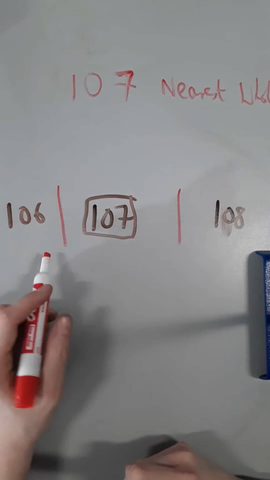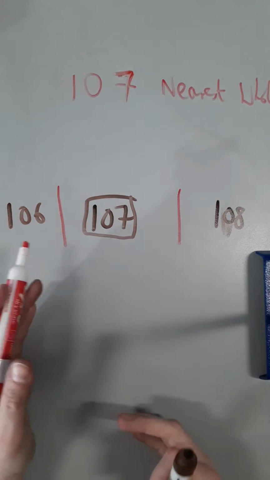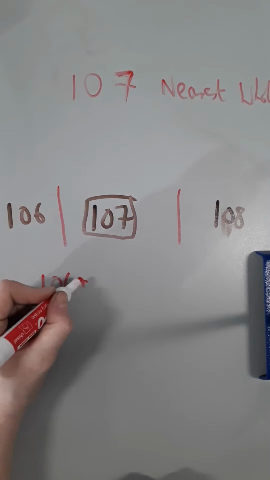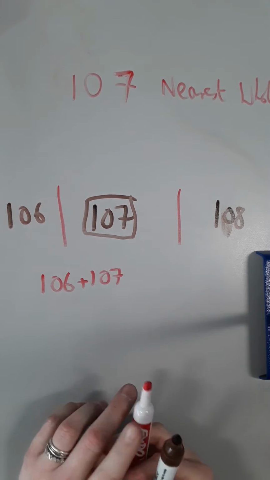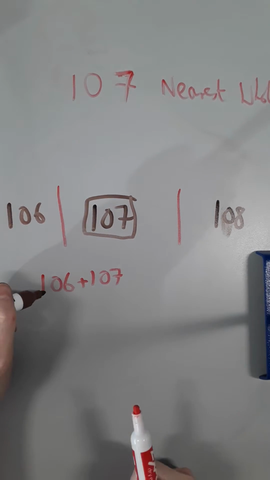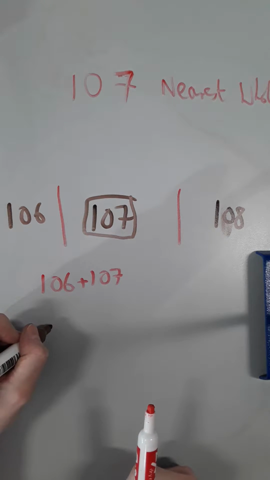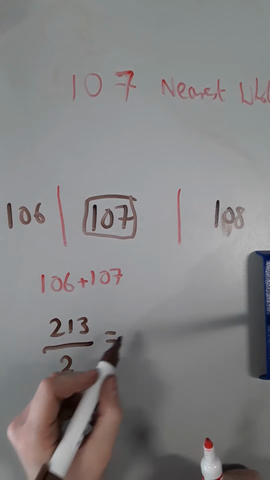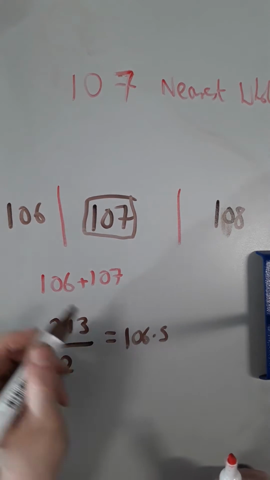So the best way to find a midpoint, or the centre of two numbers, is to add them together and divide by how many there are, which is essentially a mean. So we're going to mean them. So 106 plus 107 is 213, and then I'm going to divide by 2, and that will tell me that my midpoint is 106.5.